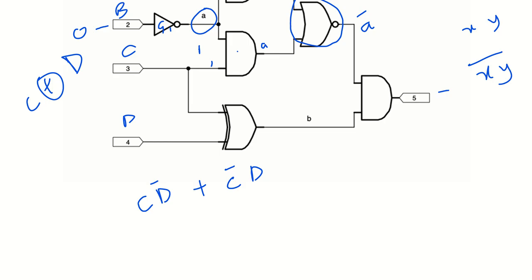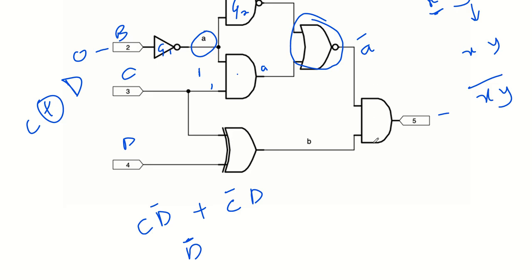So if C is a constant 1, then you get D bar. And you are just feeding that into this AND gate.